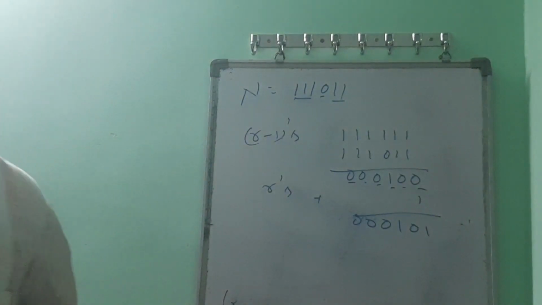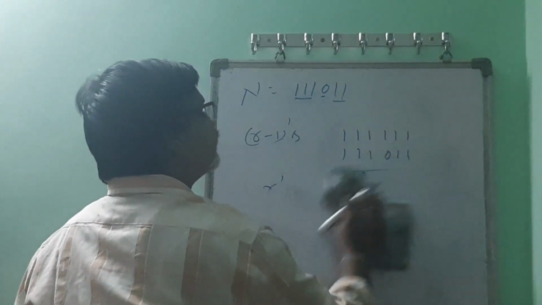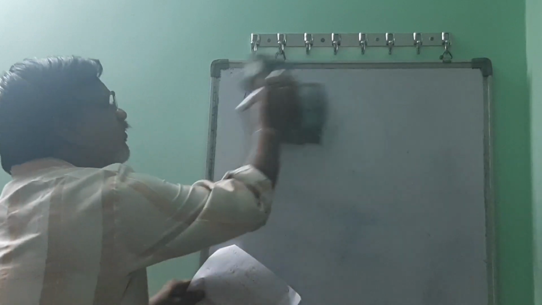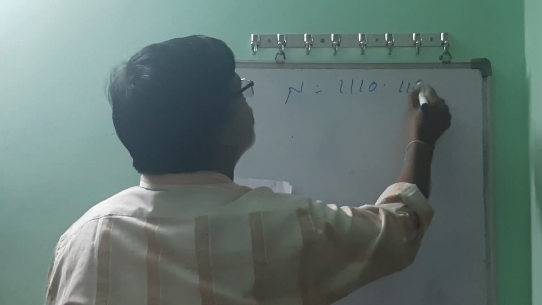We'll take one fractional number in binary also to calculate the same. Here you take N is equal to 1110.1101.